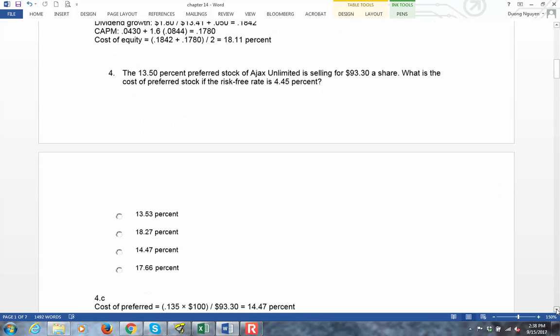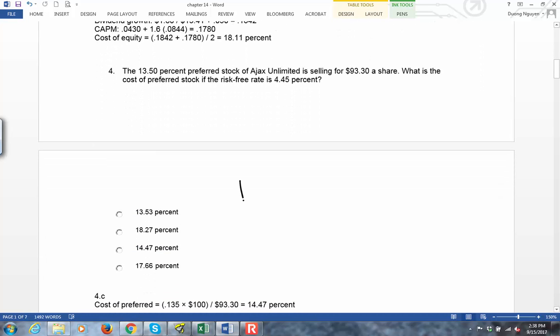Now question number 4, cost of preferred stock. Cost of preferred stock is pretty simple.